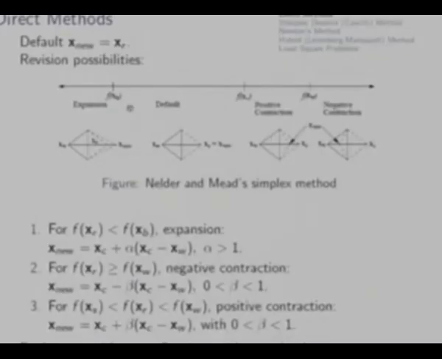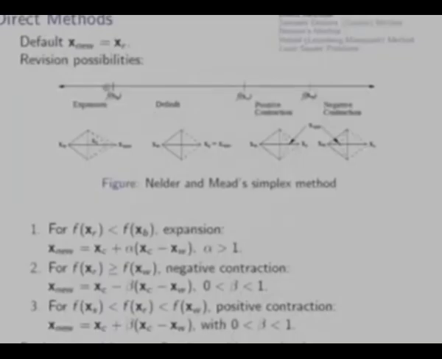And if the function value at xr, the reflected point, turns out to be worse than the current best point, but better than the two worst points at present, then we take the default point, which is the reflected point itself.